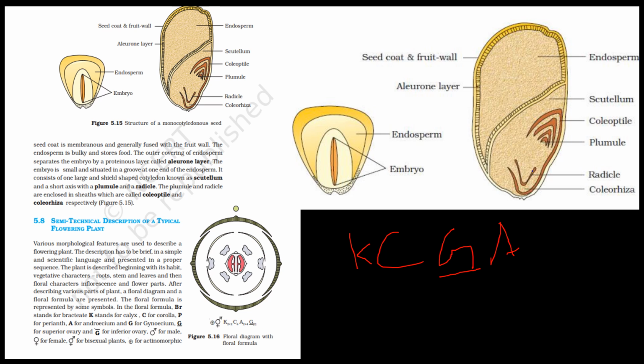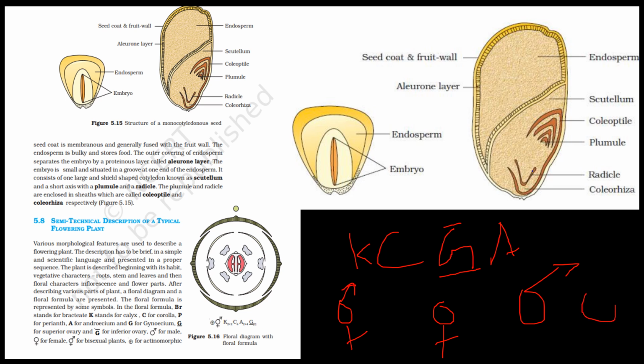When we draw a line at the upper portion of the G, it means the ovary is inferior. This means it is a male flower, and this is a female flower. When it is drawn like this, it means that you have both androecium and gynoecium. It's a bisexual flower.